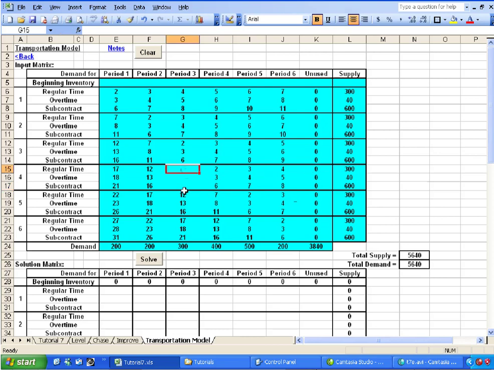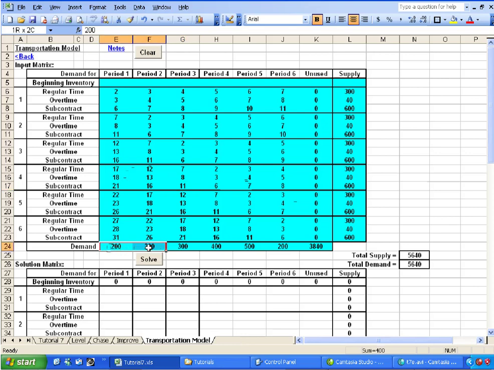Carrying back, that is producing in period 4 to meet demand from period 3, that's back ordering, which will incur an additional $5 per unit charge for $7, $8, and $11 for regular, overtime and subcontracting respectively. Continuing that, we'll fill in the rest of the costs for that part of the table.